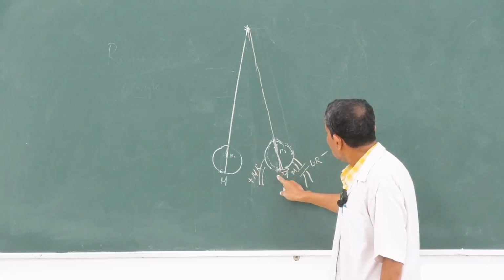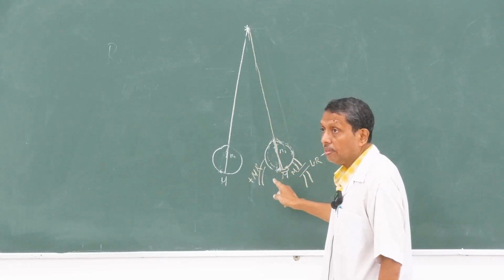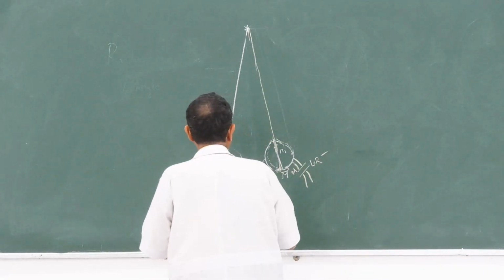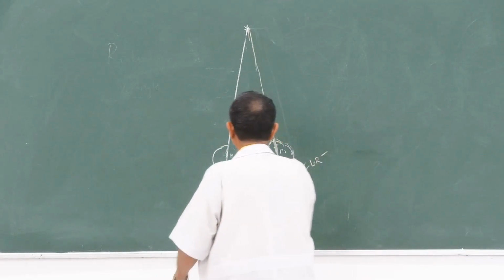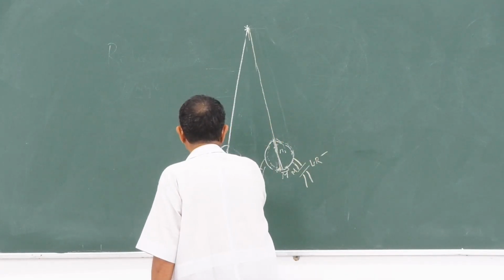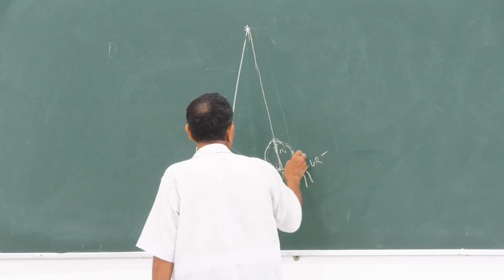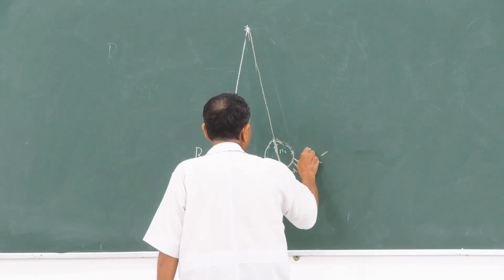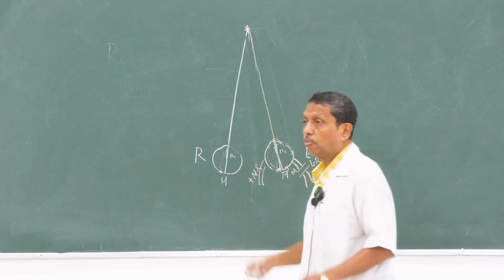Suppose I am seeing an individual in front: this is the right eye and this is the left eye.